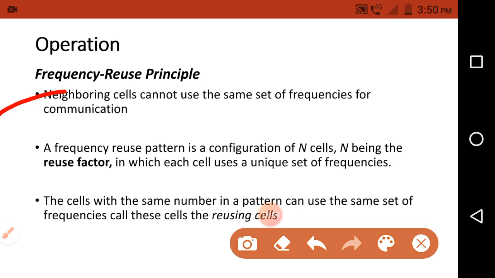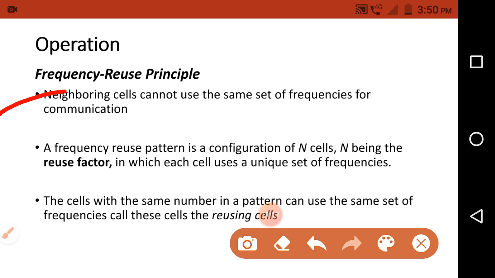Because, as I told you, we divide the cellular coverage area into separate partitions. Each partition or area we call a cell, and each cell contains a set of frequencies. So two cells cannot use the same set of frequencies. Why?